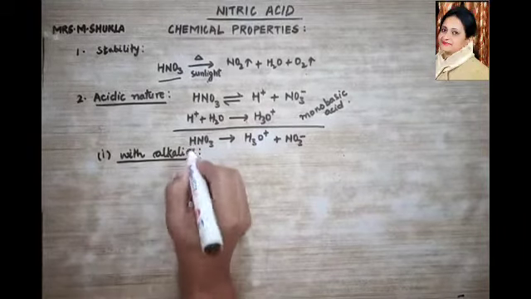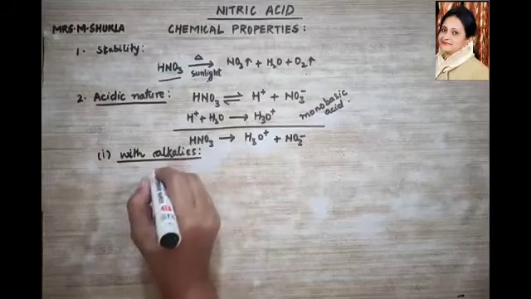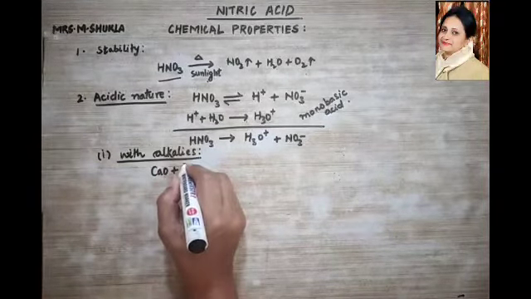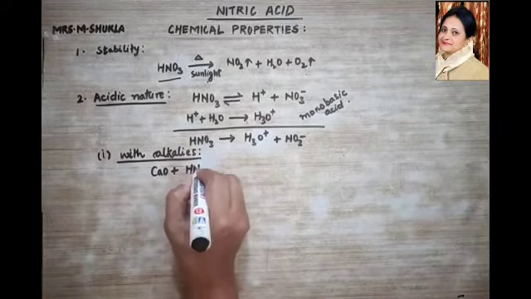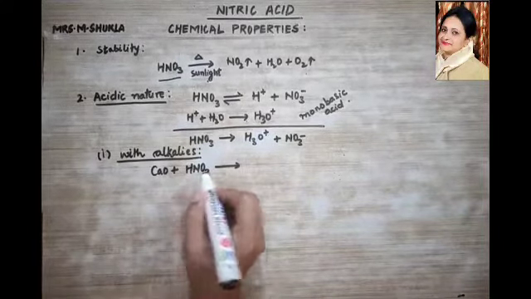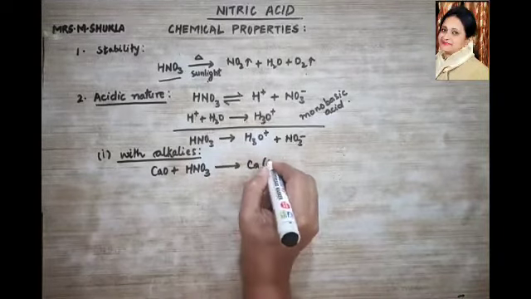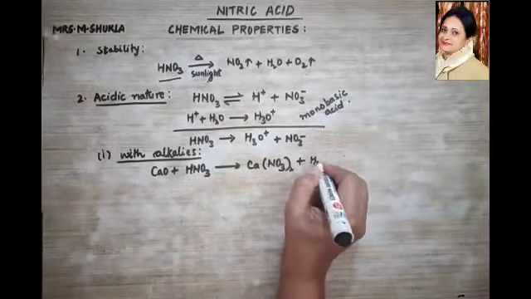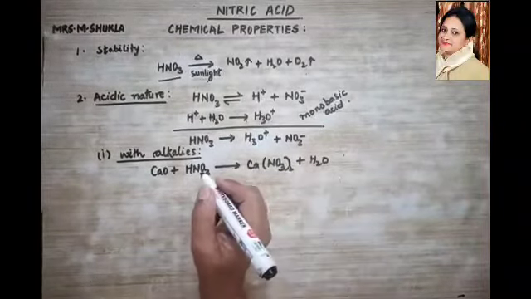Thus, that could be the first example for you. Let's take calcium oxide and nitric acid. What is it going to form? Ca(NO3)2 plus H2O. Salt and water is formed.